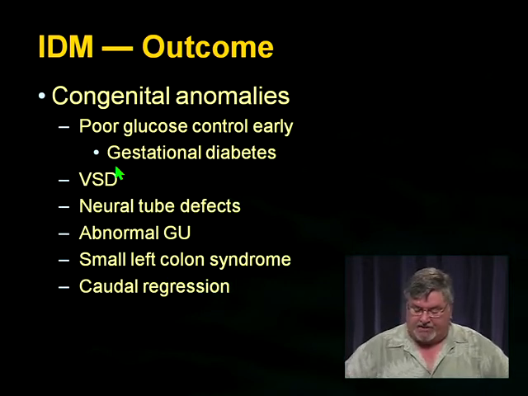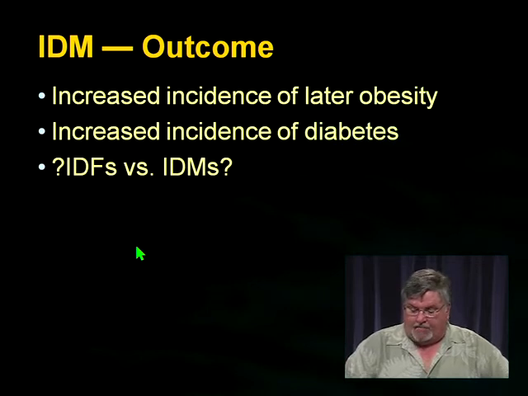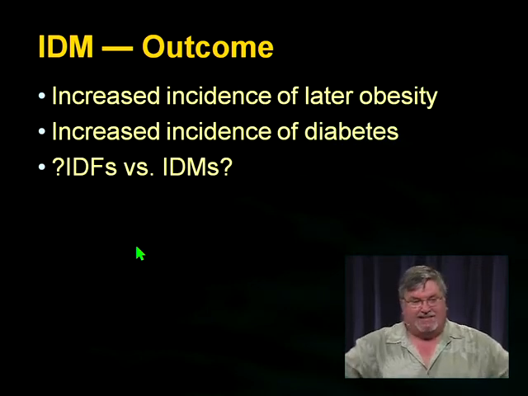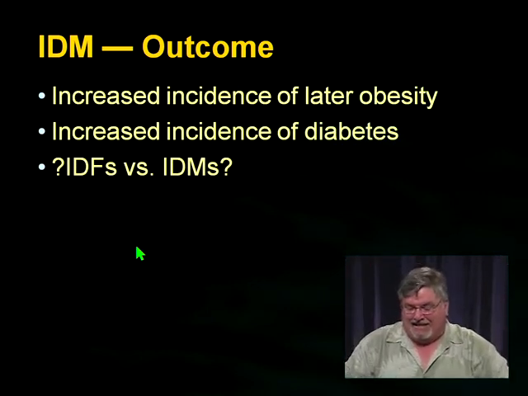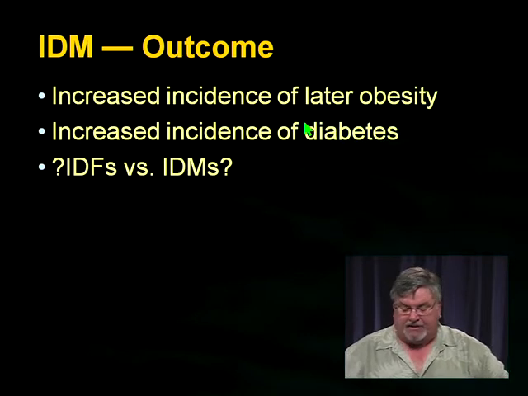They can also have these other abnormalities. They have an increased incidence of later obesity, and they themselves can have an increased incidence of diabetes, but the increased incidence of diabetes doesn't come in infants of diabetic mothers. It comes from infants of diabetic fathers.